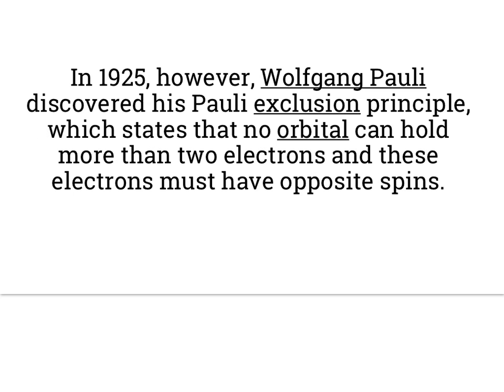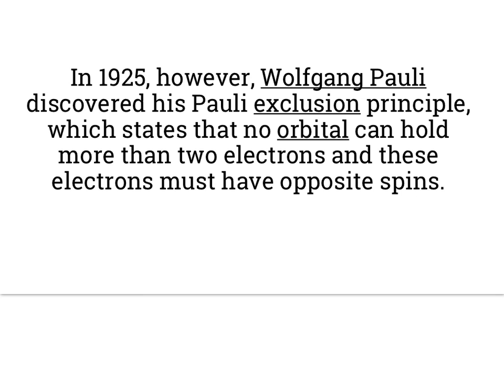Let me move on. In 1925, however, Wolfgang Pauli discovered his Pauli exclusion principle. This is kind of our starting place for electron configuration. And he stated that no orbital can hold more than two electrons, and that these electrons have to have opposite spins. Now, I've mentioned that phrase before, at least last year, and we never really cared about the spins. But Pauli basically says, alright, we can have electrons that spin.